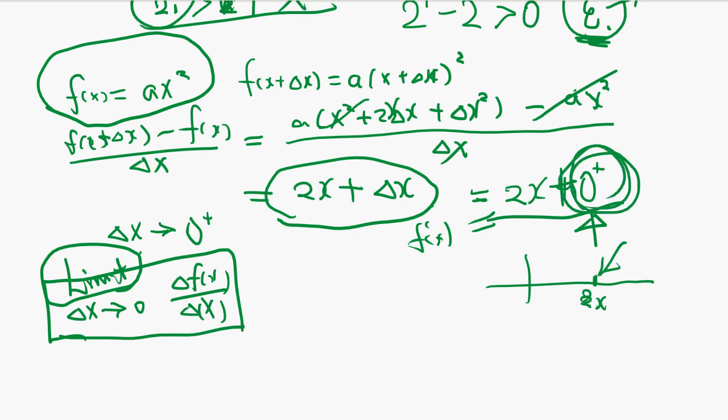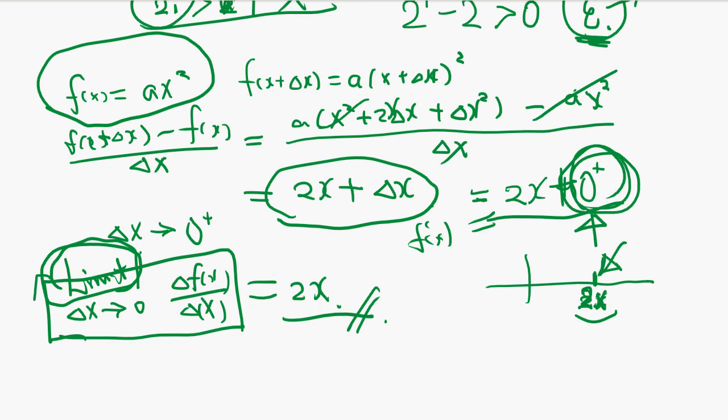Okay, and the limit tells you, forget about the infinitesimal number. What will be the ultimate number next to it, which is 2x. So if you have a limit, suddenly this becomes 2x. Here you go, you get the derivative.